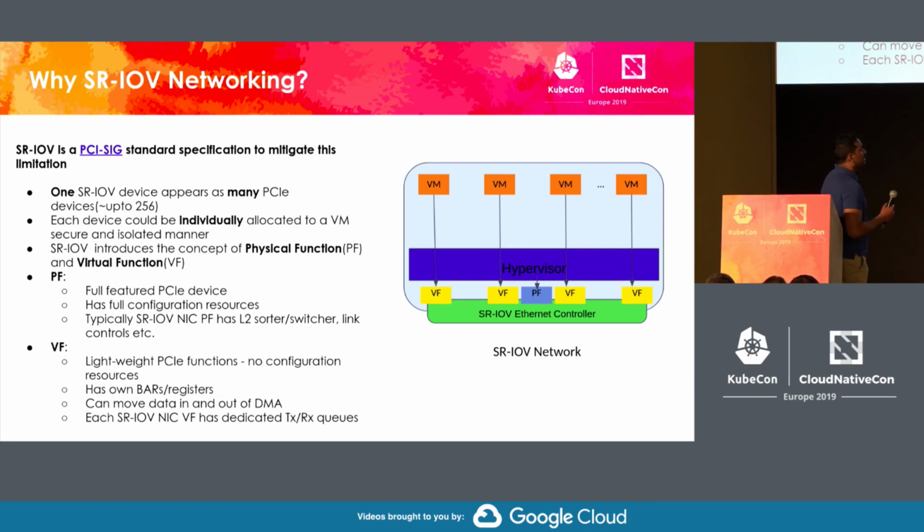Physical functions are like an ordinary PCIe device. They have full configuration resources, and they can appear as normal PCIe devices. On the other hand, VFs are lightweight PCIe function devices. A VF can do DMA directly without any interference, but for any configuration, it needs to communicate through the PF itself.